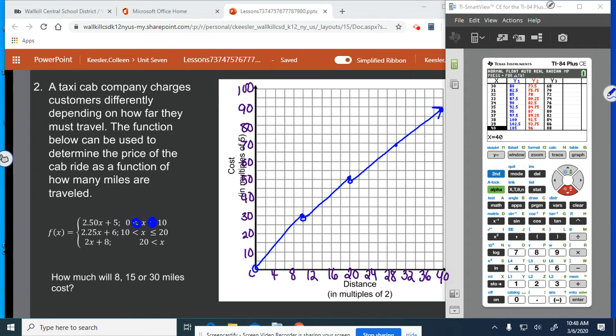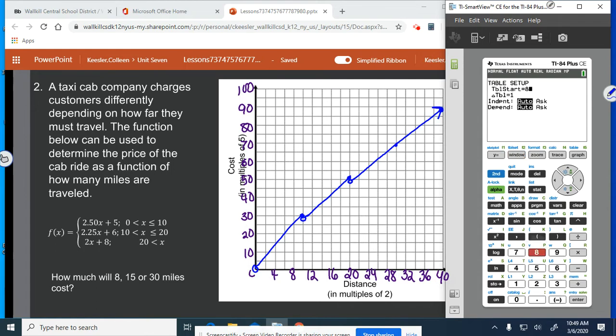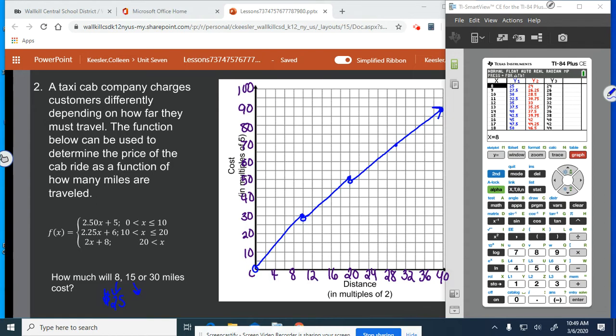So now it says how much will 8, 15, or 30 miles cost. So we know 8 would fall in the first category because it's between 0 and 10. So we can go right back to our table and find the value for 8. The value for 8 would be $25. Then the 15 is going to be between the 10 and the 20.